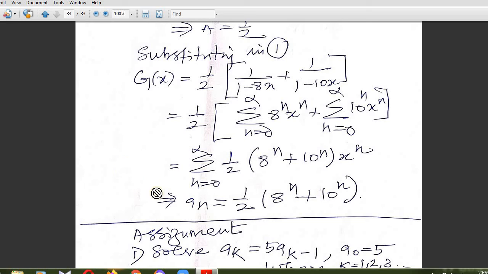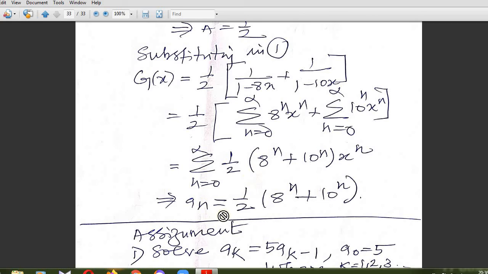If g of x is like this, what is this? This is a of n or an. Am I correct? If g of x is equal to summation an x power n, then this is equal to an.